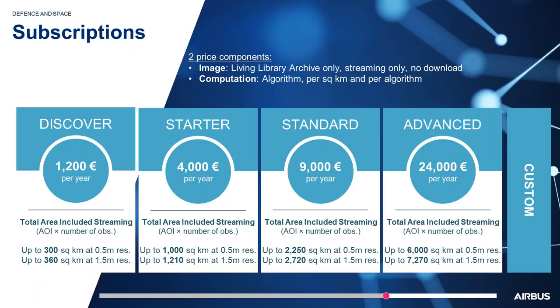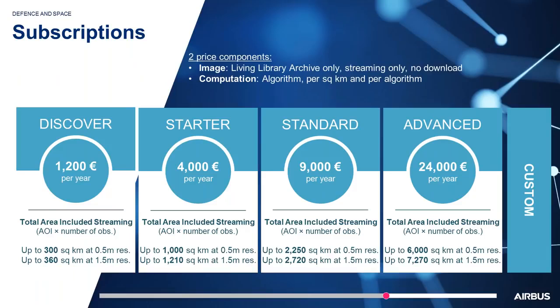And it's the same philosophy for the 3 other packages. Of course, if you are interested in an area larger than the Advanced package, we also propose a custom package, and for this you can contact us directly through the One Atlas platform website.